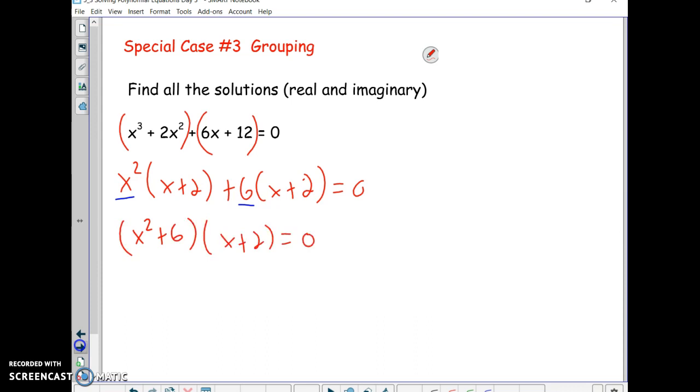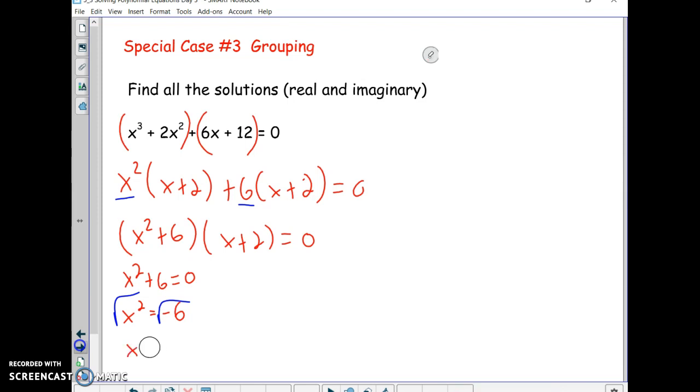All right, and if you solve both of these, you can use algebra steps on both of them. So minus 6, and then take the square root. And we'll end up with, if we do our simplest radical form here, this is going to be imaginary numbers.